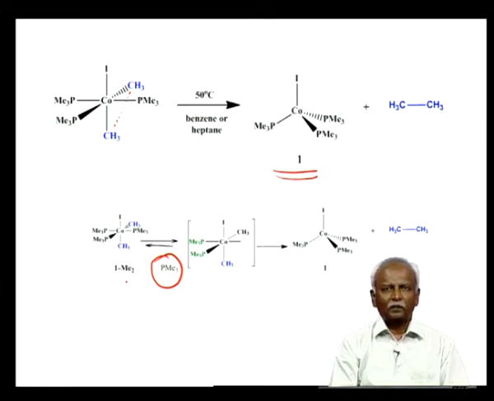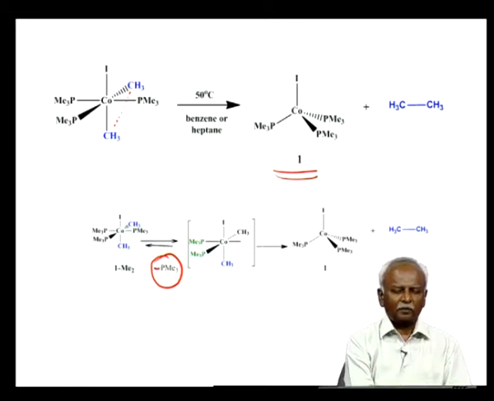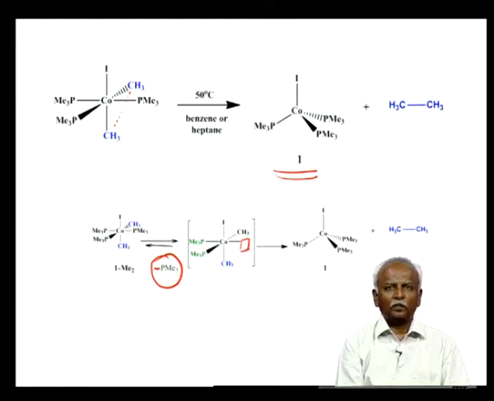In other words, when you heat this reaction mixture, the first step is loss of PMe3. So, loss of PMe3 is there and a vacant coordination site is generated. So, this is your vacant coordination site, and that is essential for the reaction to happen.